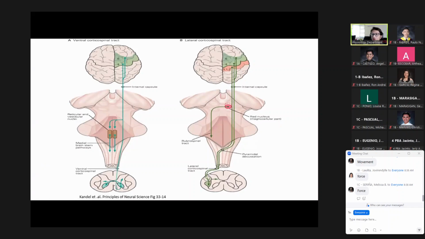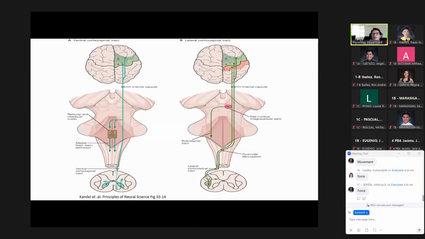Now, your corticospinal tract, specifically your lateral corticospinal tract, kasi may anterior, di ba? Some books will also name that as ventral corticospinal tract. Now, your lateral corticospinal tract has this.